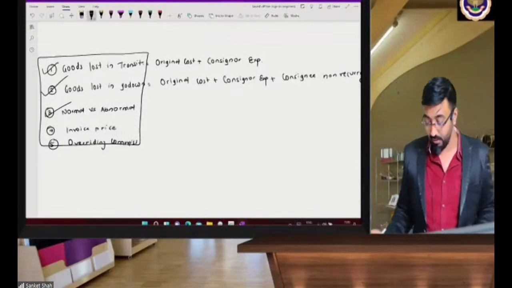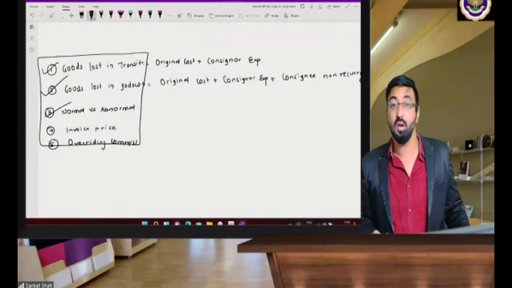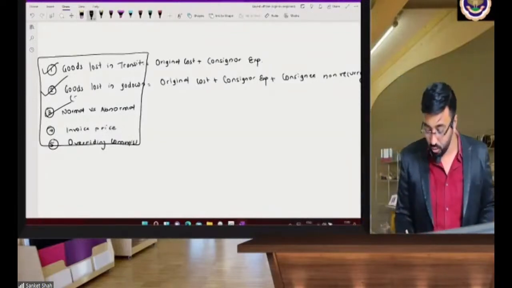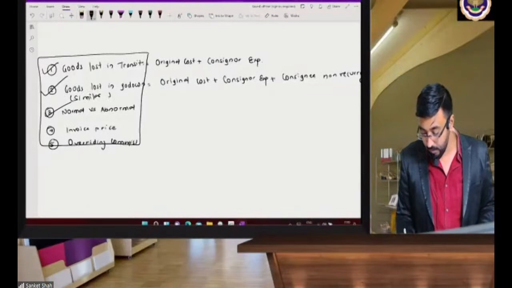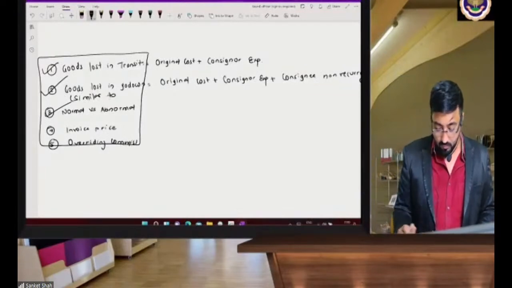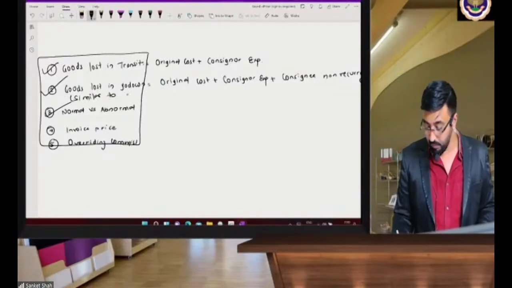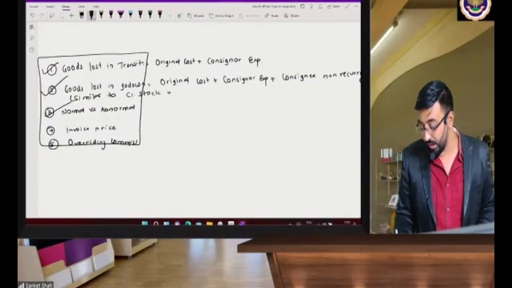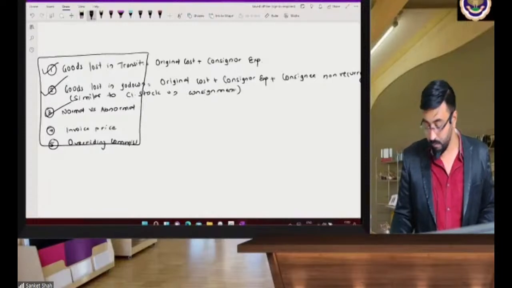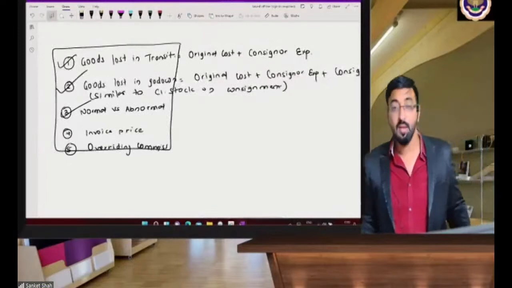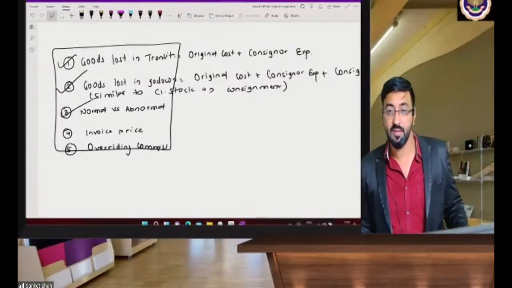Goods lost in godown is similar to closing stock on consignment. This is the second question.